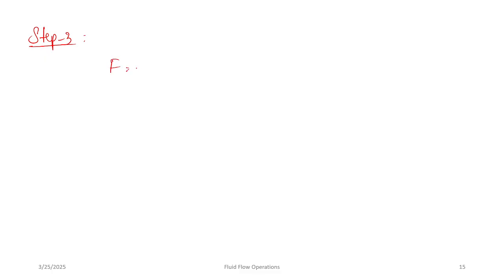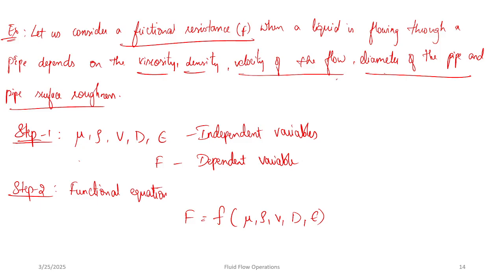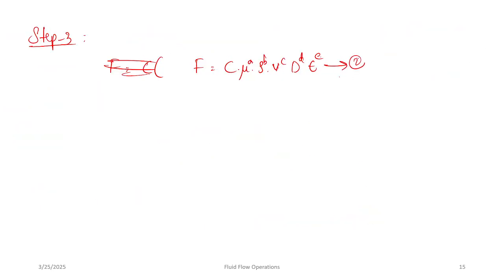So F is equal to some constant C into viscosity raised to the power A, density raised to the power B, velocity raised to the power C, diameter raised to the power D, and roughness raised to the power E. Okay. So let's say this is equation number 1 and this is 2.